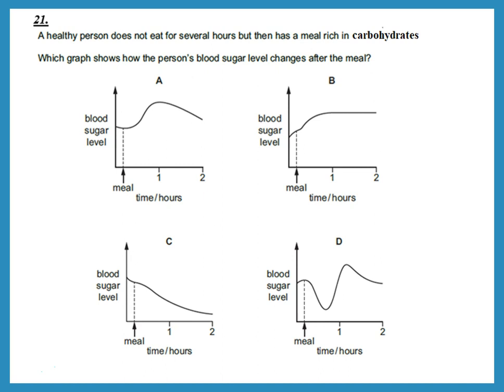So the level of glucose in your blood rises. And then if you are a normal person, the body adjusts itself so that the level of glucose returns back to what it was normal later on. So this applies to which graph? Of course, that applies to graph A.